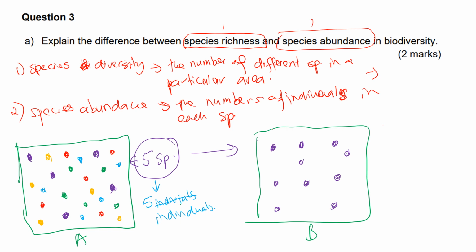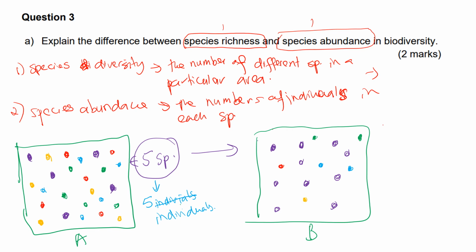But for the other species, there exist only 1 or 2 individuals. For example, blue there's only 2, for yellow there's only 1, for the green there's only 2, for red there's only 1.